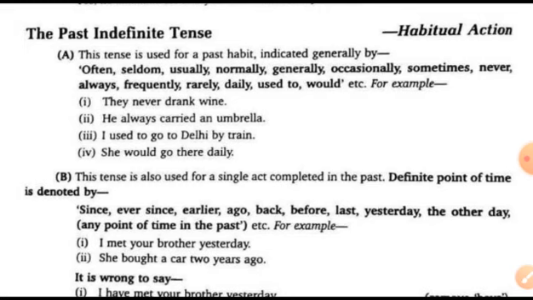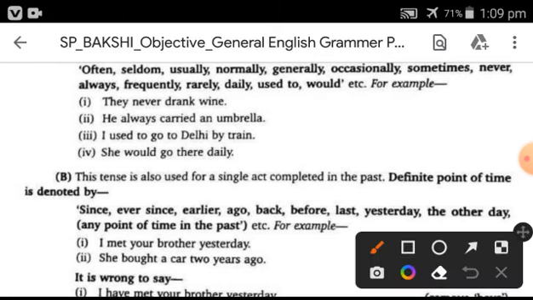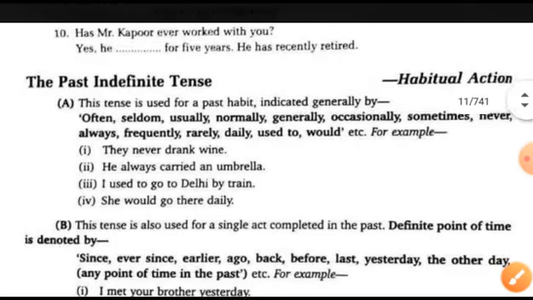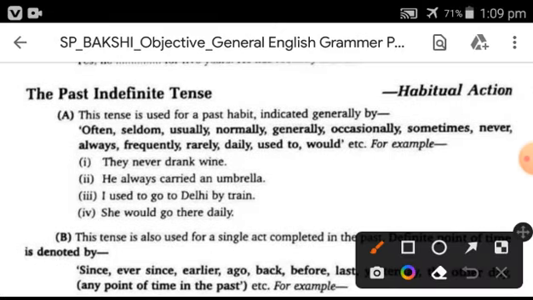As per its definition, when these words are used: often, seldom, usually, normally, generally, occasionally, sometimes, never, always, frequently, rarely, daily, used to, would, with past time, then you have to use past indefinite tense.